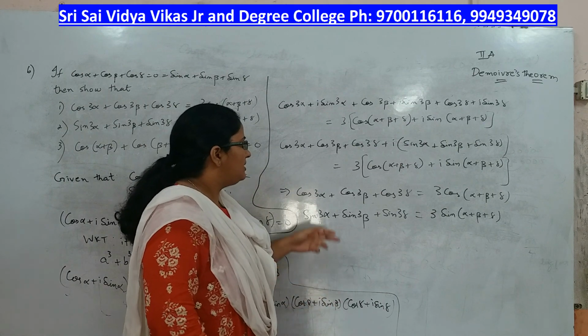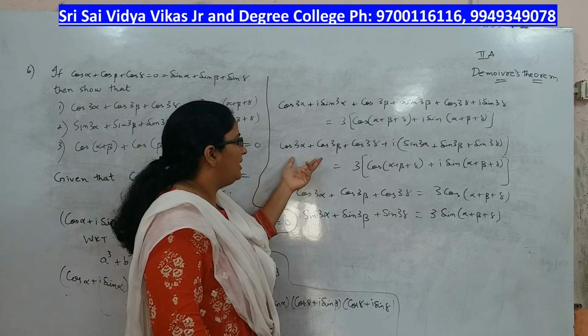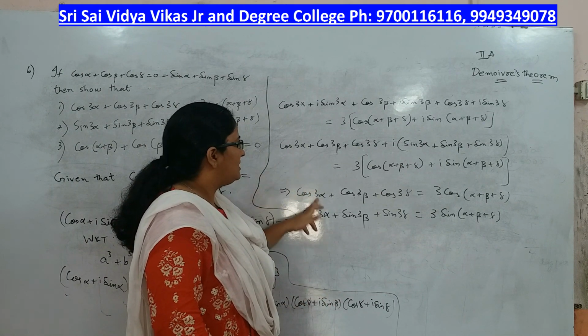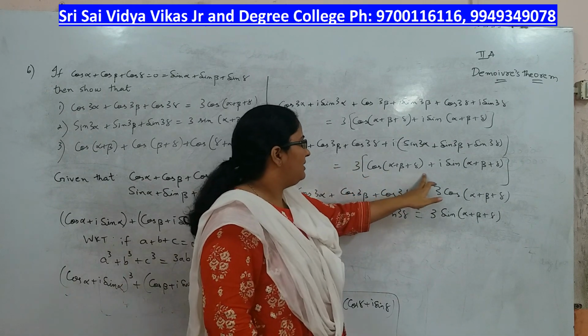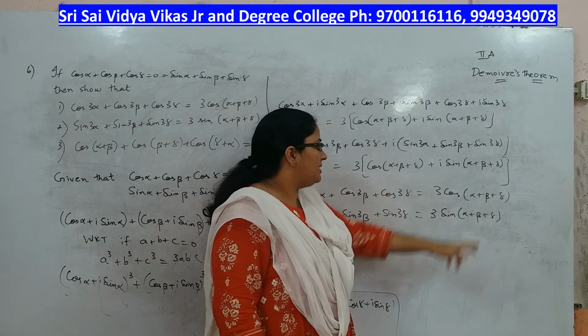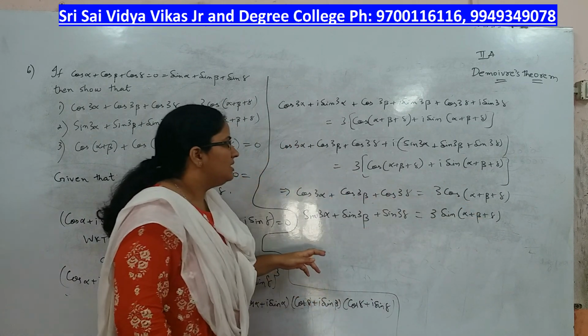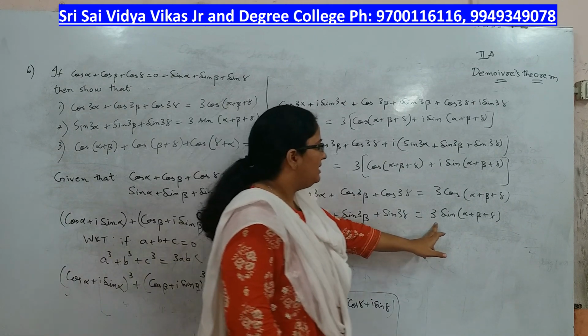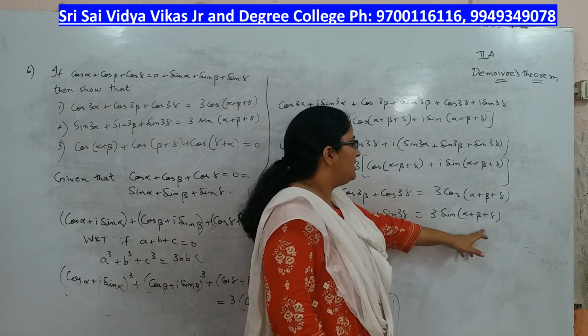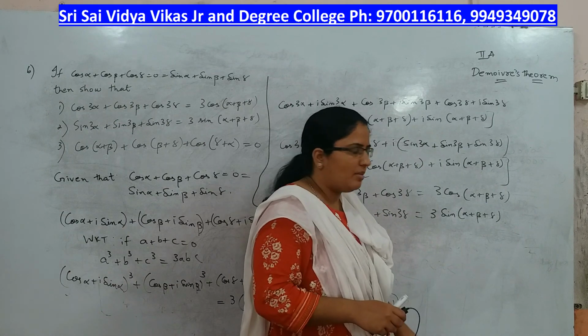Equating the like terms, corresponding terms, you get cos 3α + cos 3β + cos 3γ is equal to 3 into cos(α+β+γ). Similarly, sin 3α + sin 3β + sin 3γ is equal to 3 into sin(α+β+γ). That is about this problem.